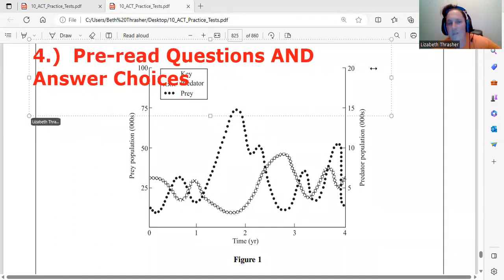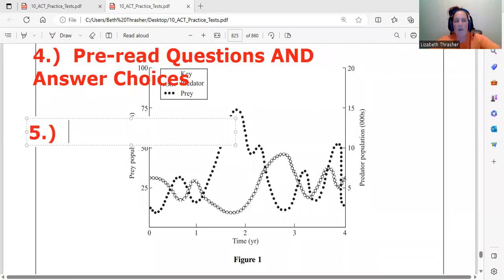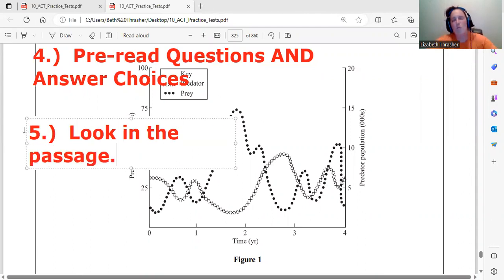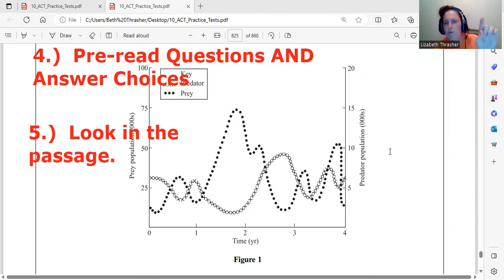Then finally, if you wanted to add a step 5, you would go look in the passage. Notice I didn't say read the passage. I don't want you to read it from start to finish. It's just like math, but you do have to read a little more carefully with the science passages. You have to read full sentences, but again, you want to kind of look around.